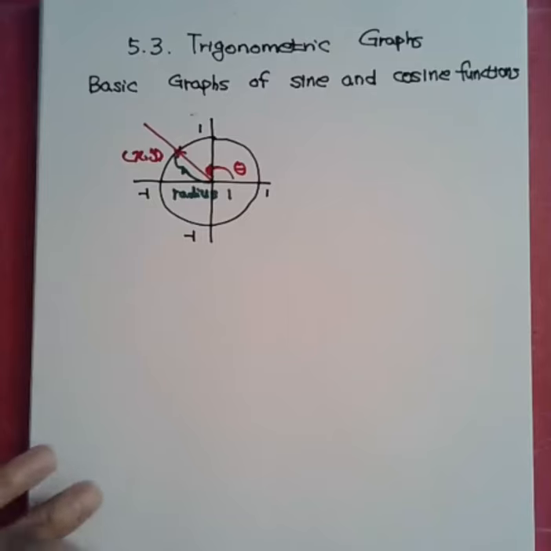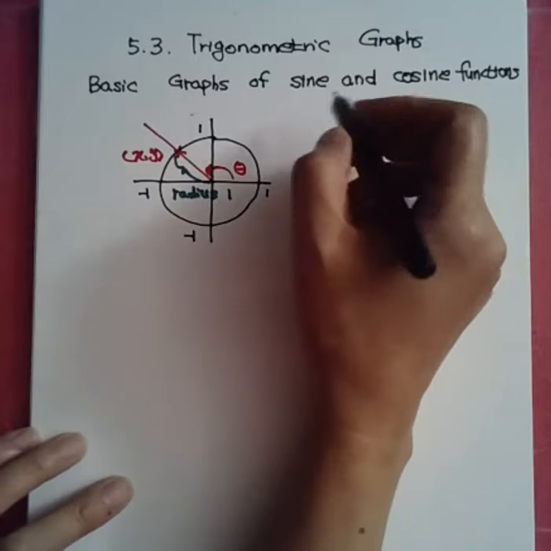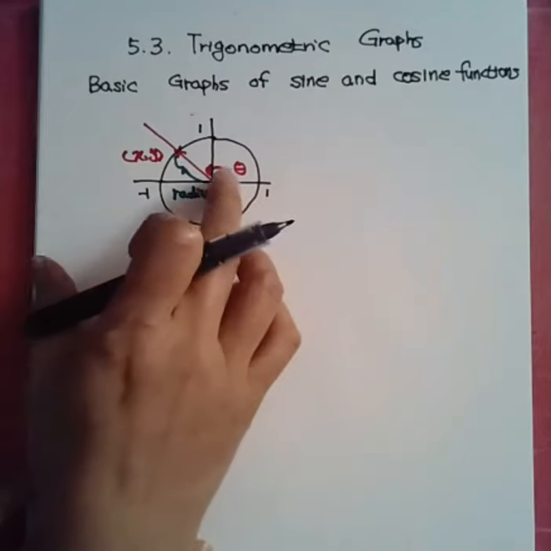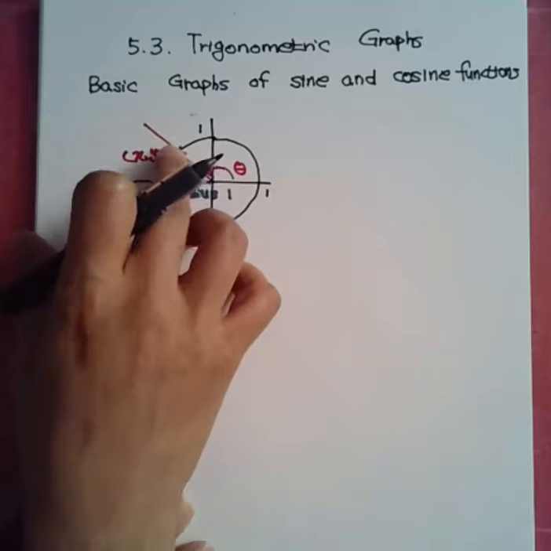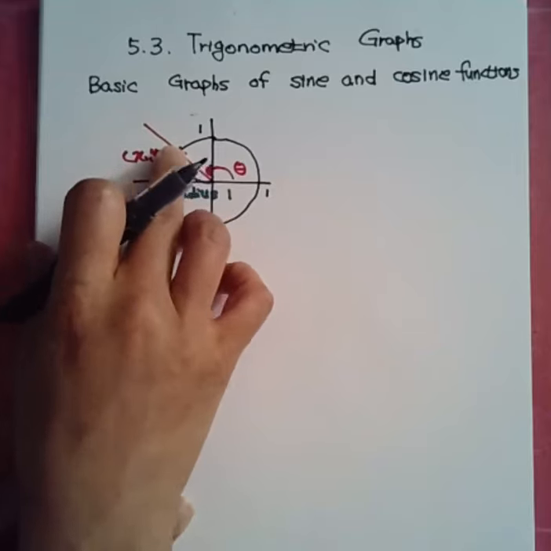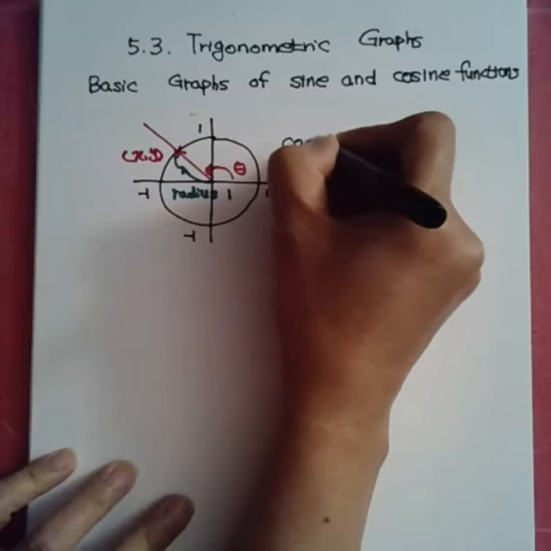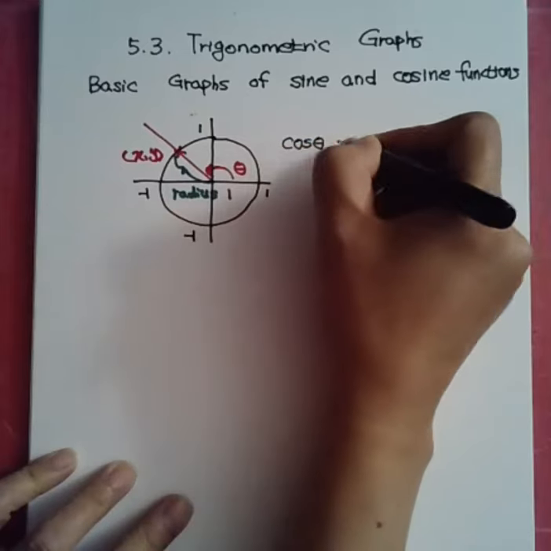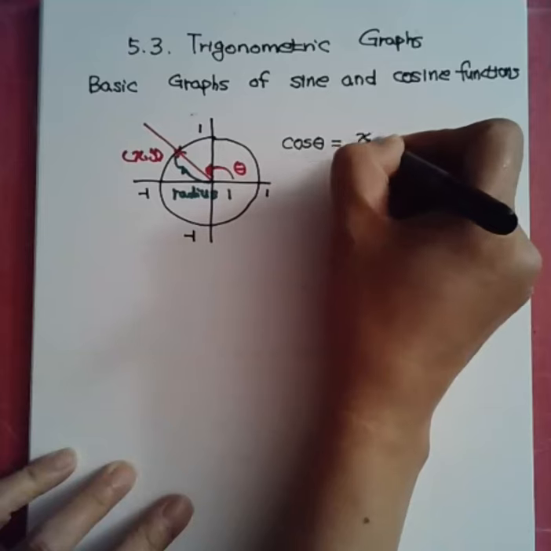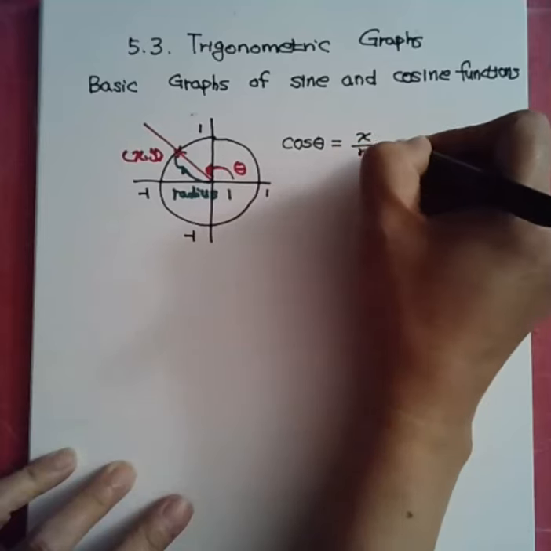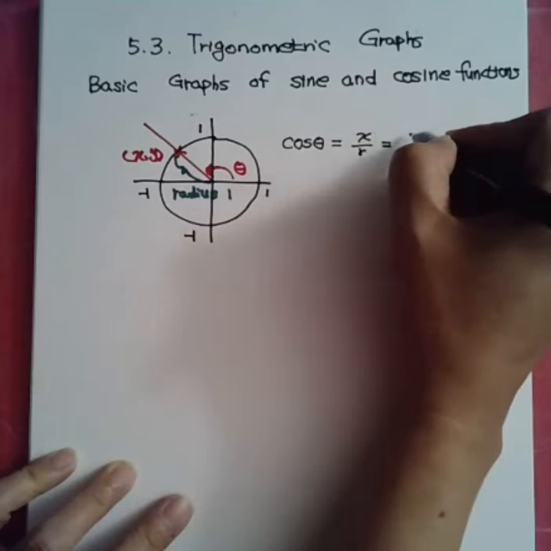Let's consider the unit circle. Let's say this angle is theta and this point is x and y. In the previous section, cosine of theta was defined as x over r. We are considering the unit circle, so the radius is 1.